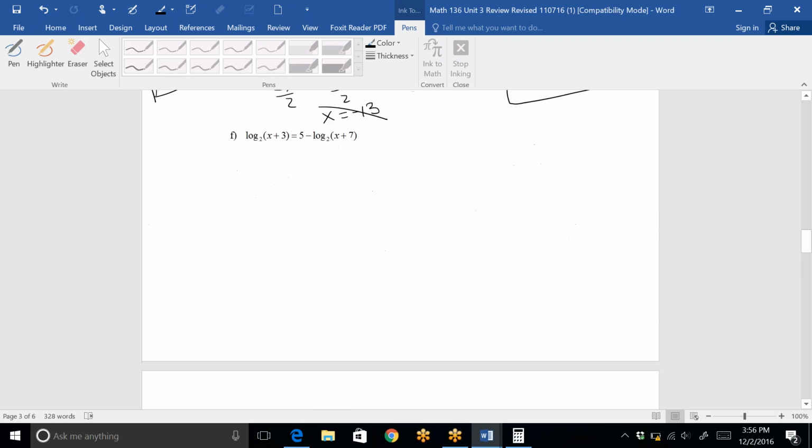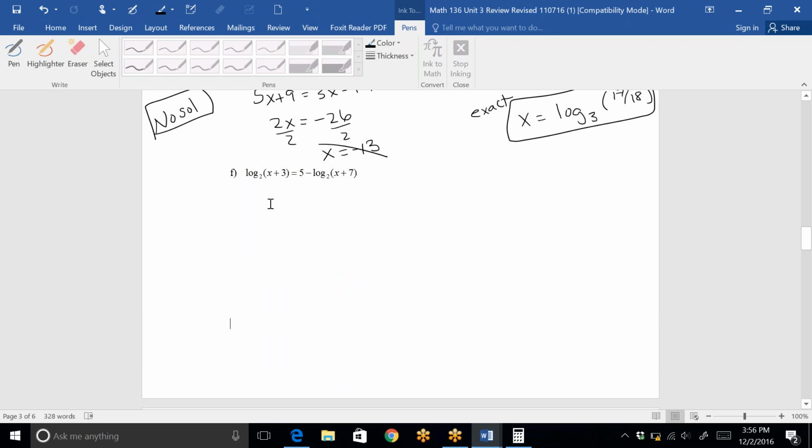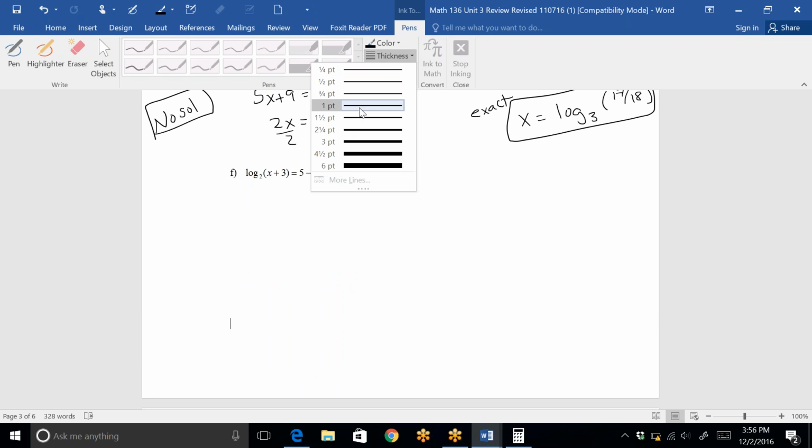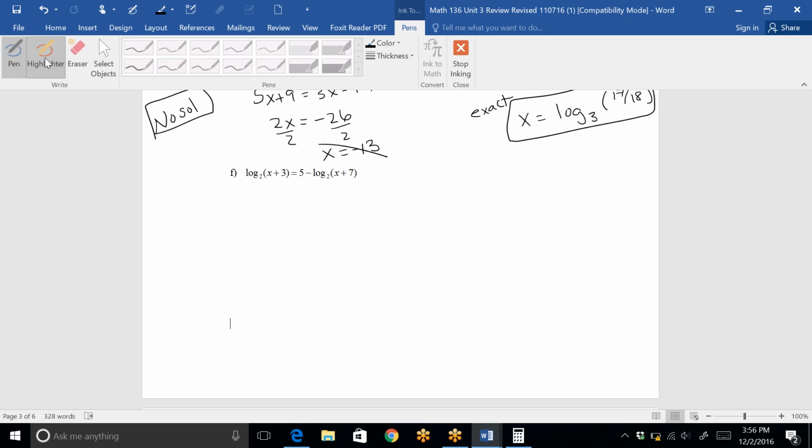So this next one, you notice that there is something else in the problem besides just logs. Anytime you have a log equation and there's something that doesn't have a log attached to it, you cannot just drop the logs and solve anything. What you have to do is get the logs on one side and then get everything else on the other side and try to turn it into an exponential.